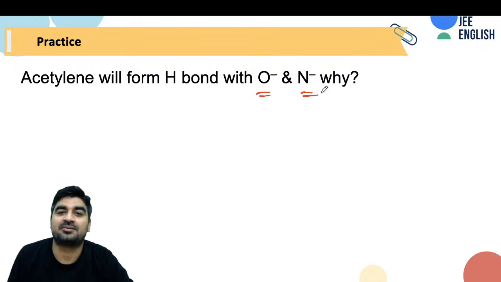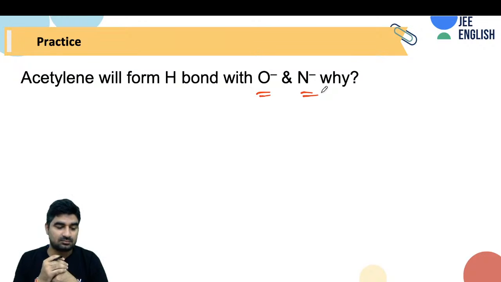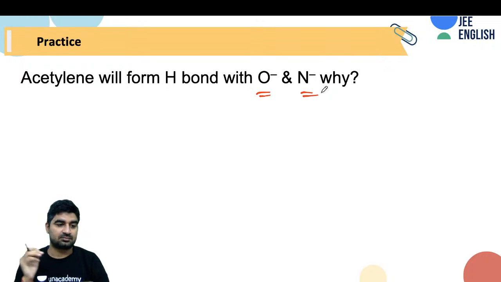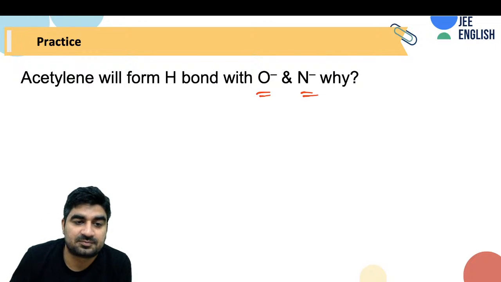Now can you tell me why? Any answers? Because currently, whatever I have taught you, I'm using only that. Acetylene can form it. So what is the reason behind it?